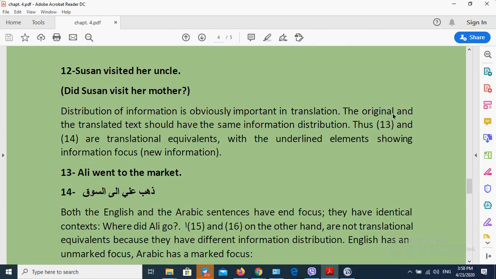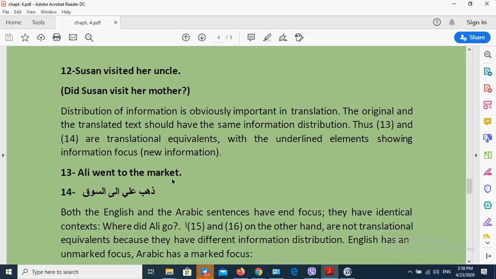The original and translated text should have the same information distribution, okay? And 13 and 14 have translational equivalence, that means they are equally translated, with underlying elements showing the information focus on a new information.